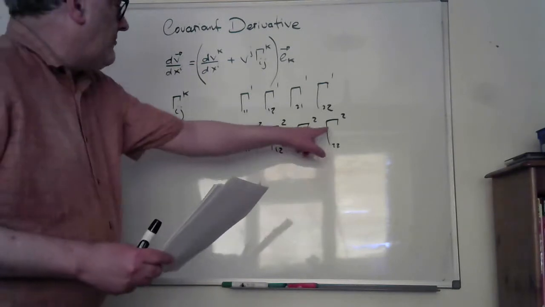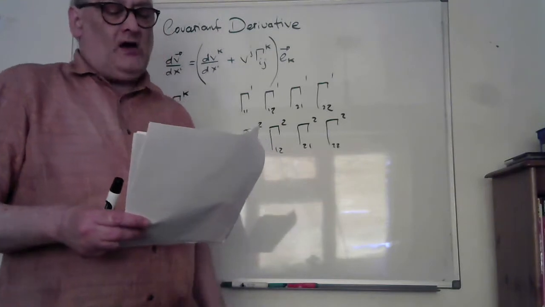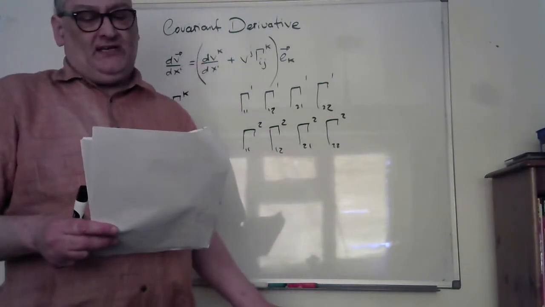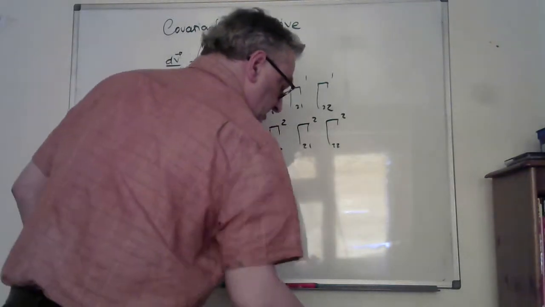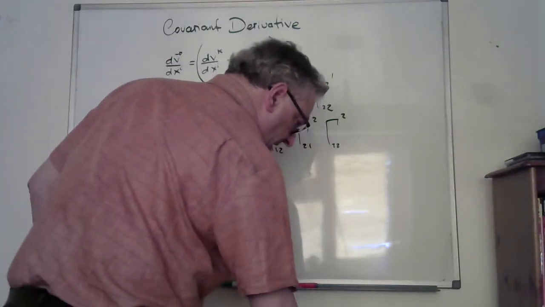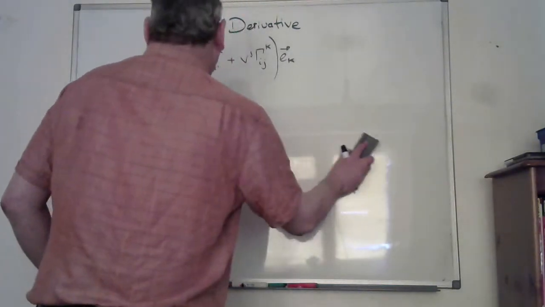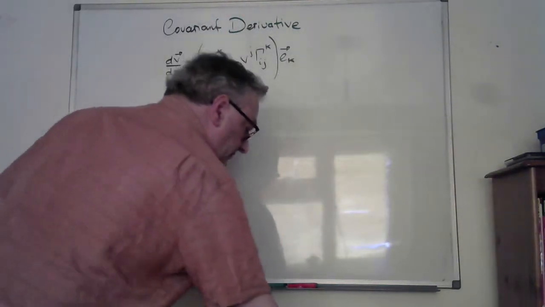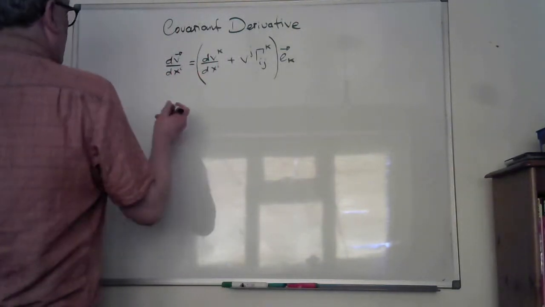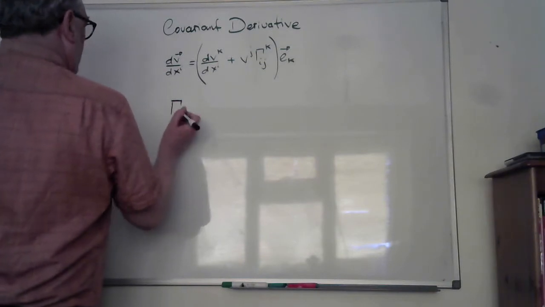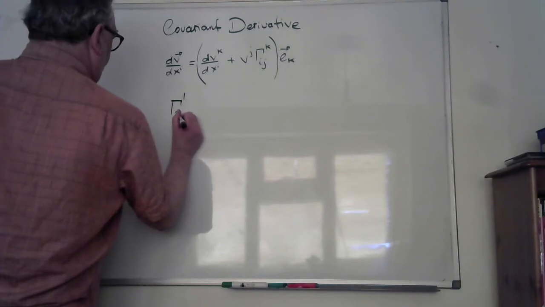And these on the second row down would be a measure of how much of the x2 basis vector, E2, we need. Now, I'll write that down for you so that you actually have a written definition. These are the ones that are particularly important.